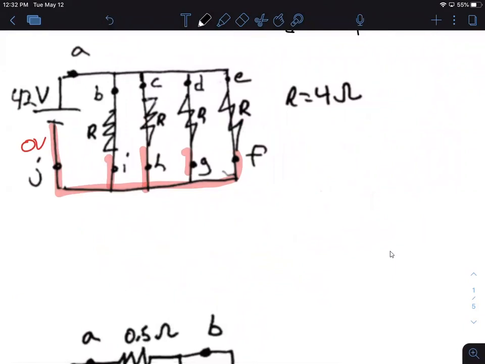So J, I, H, G, and F, they all have a potential of 0. There's no resistors in between those points, so there's nothing changing the energy. So they all have the same energy. So J, I, H, G, and F, 0 volts.